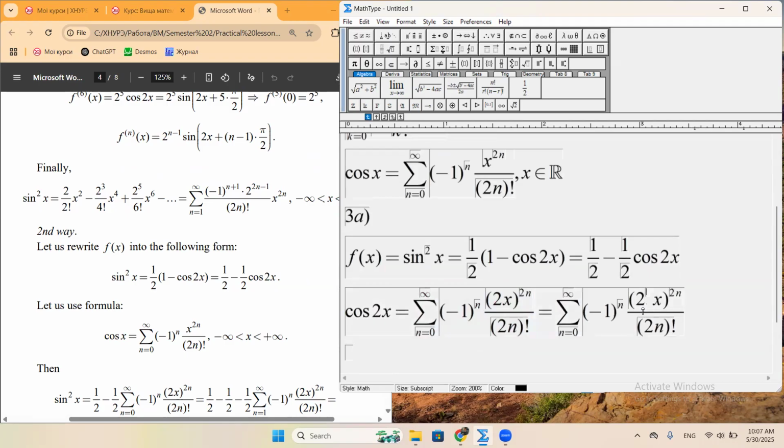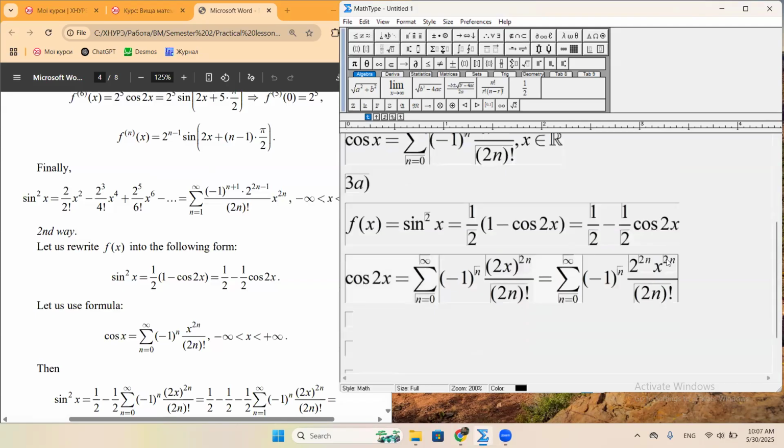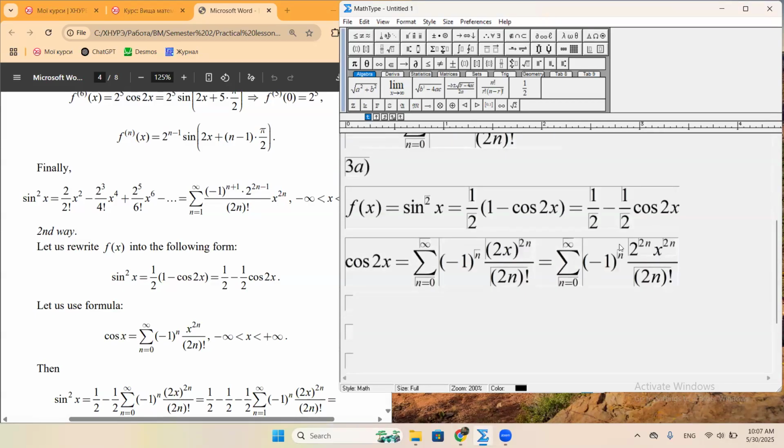So 2 in power of 2n, and x in power of 2n over 2n factorial. And now substituting this value into the function f of x. So 1 over 2 minus 1 over 2, and this series.